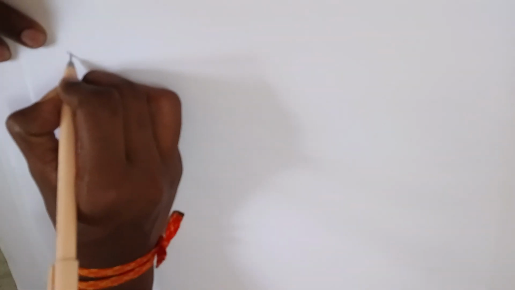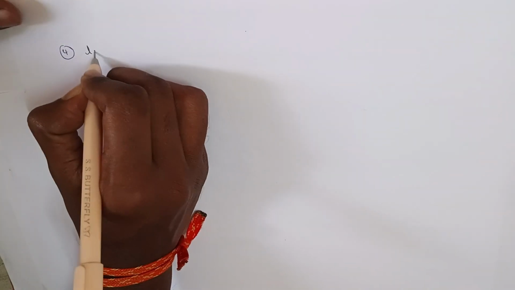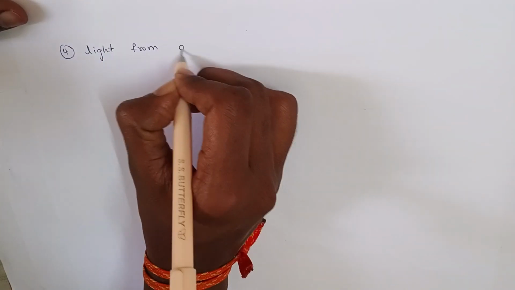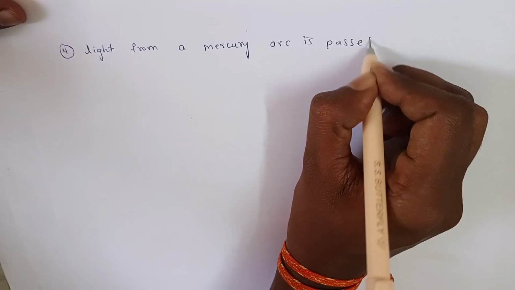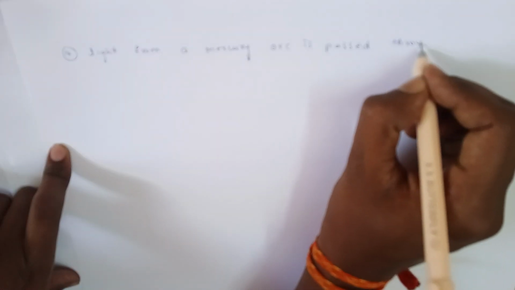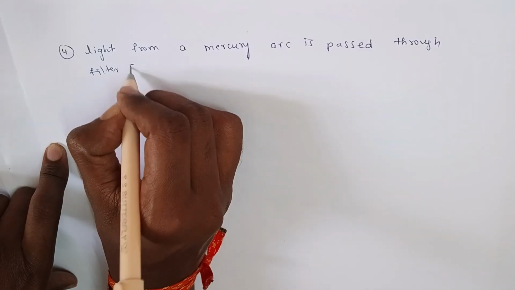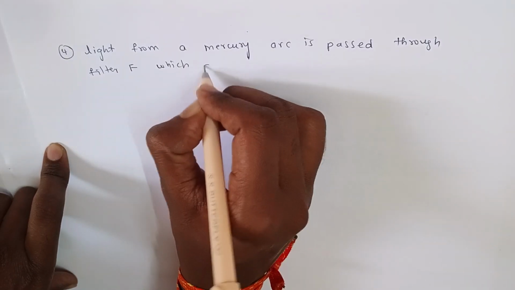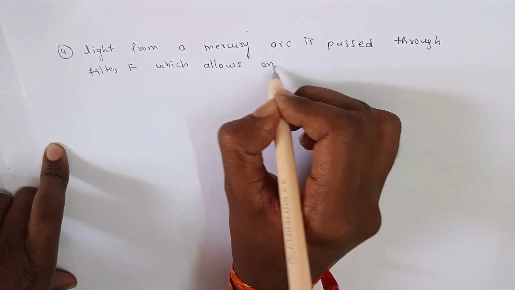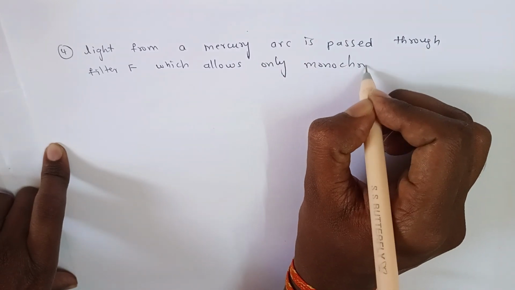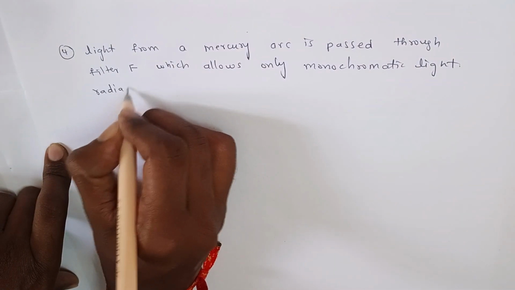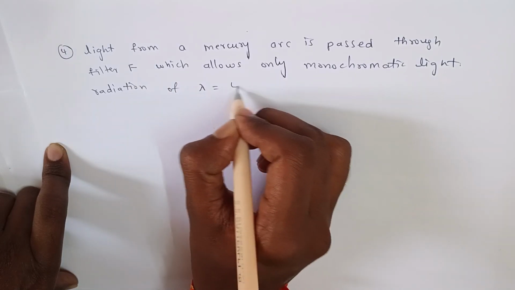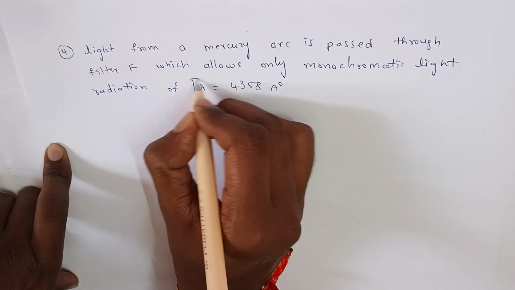Light from a mercury arc is passed through a filter F, which allows only monochromatic radiation of lambda equals 4358 angstroms.